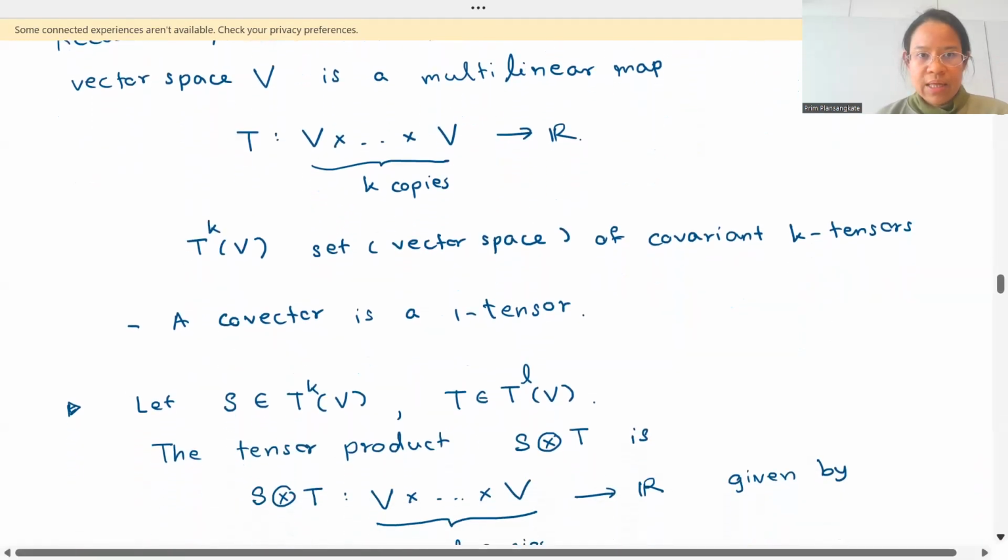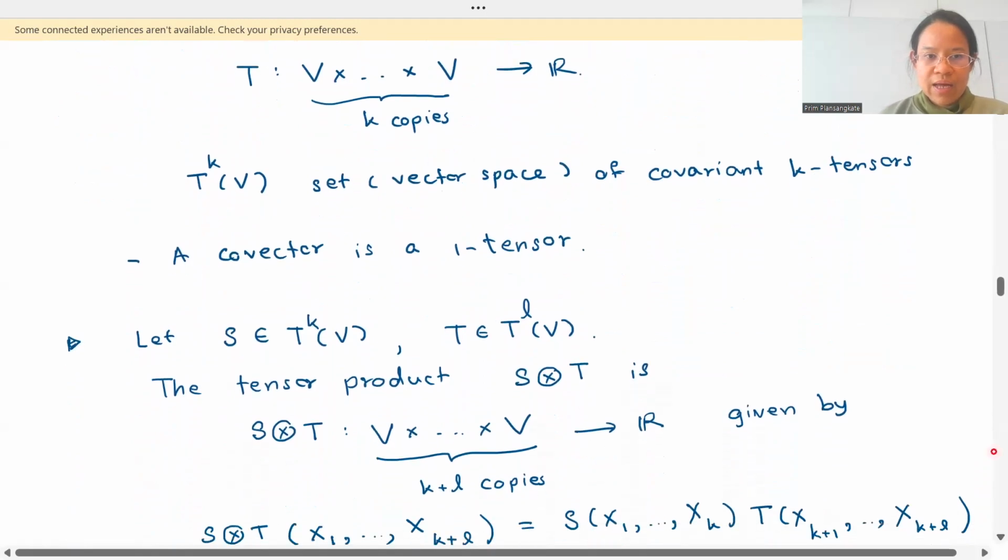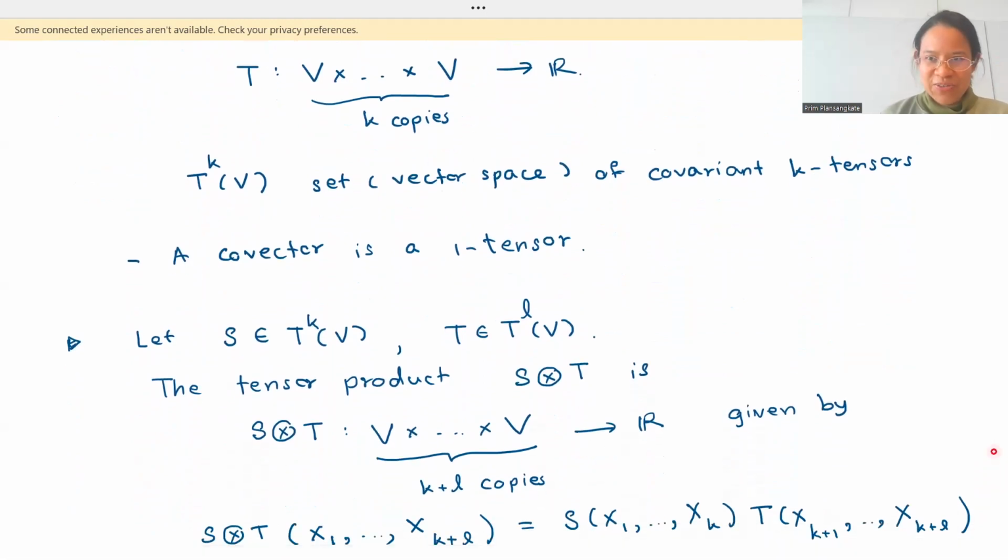Next, there is a useful product defined between tensors. If S is a K-tensor and T is an L-tensor, then the tensor product, which I would write like this, S tensor T, we define to be a map that acts on K plus L vectors and gives you a real number.